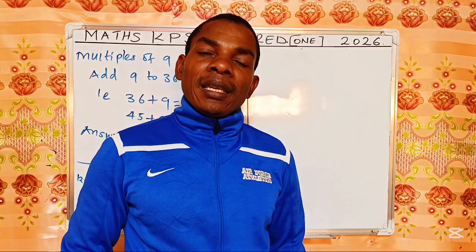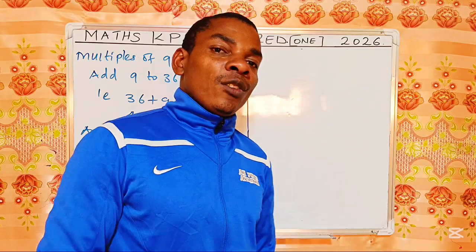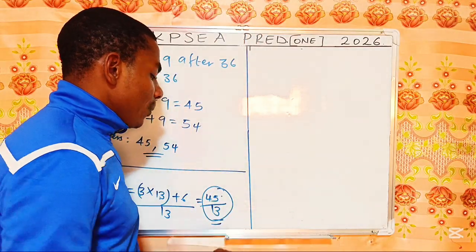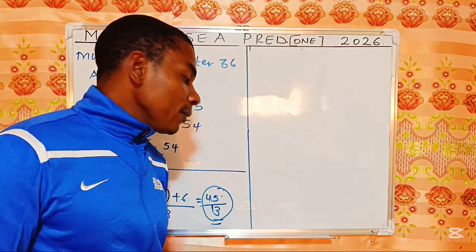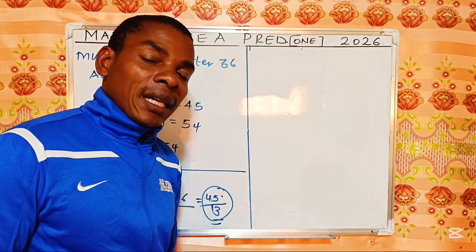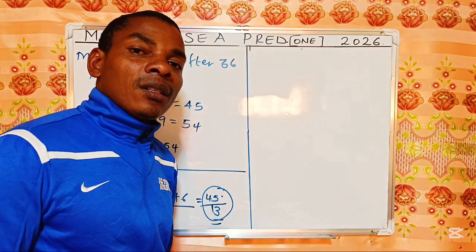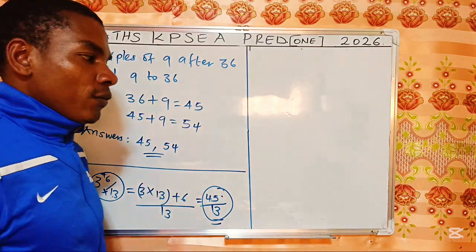That is the improper fraction of this mixed fraction. The upper number is called the numerator and the lower number is called the denominator. When the numerator is bigger than the denominator, that fraction is called an improper fraction. This one is called a mixed fraction.